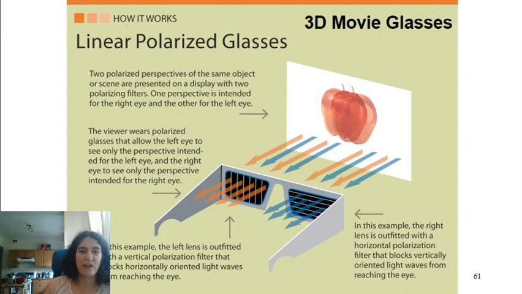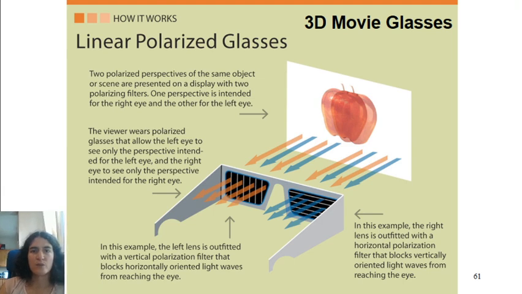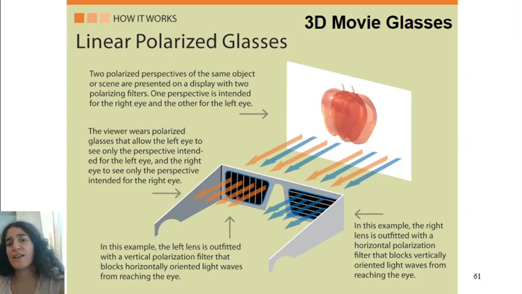Here are some cute applications of polarizing lenses. We can use polarizers to make 3D glasses. In this situation, you have a 3D movie, and the 3D glasses are set up so that your left eye has a polarizer that is vertical, and your right eye has a polarizer that is horizontal.